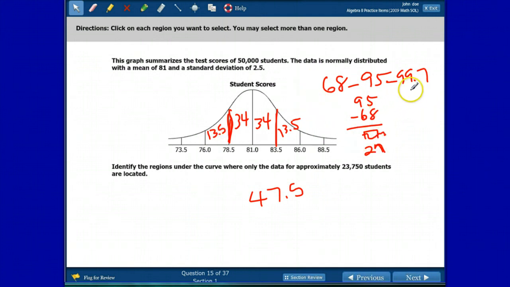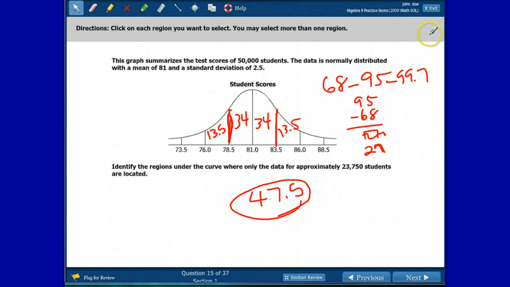Now if you think about it, I can keep going, but look at what I'm supposed to do. I'm just supposed to find 47.5.